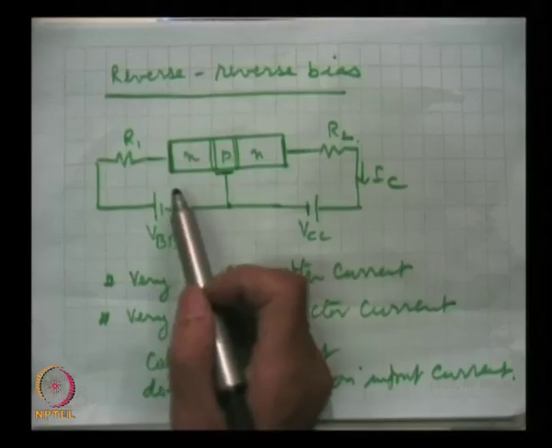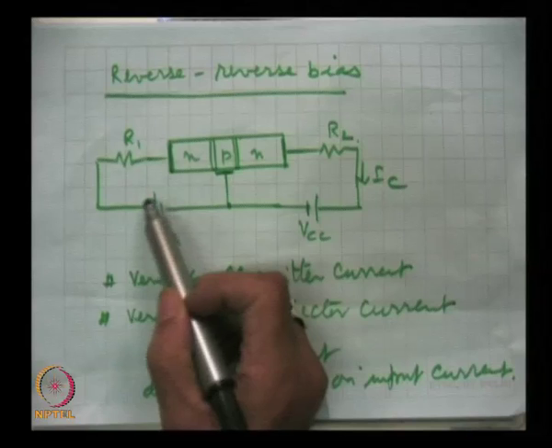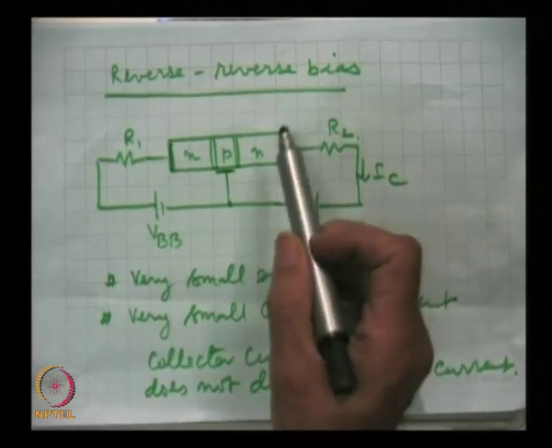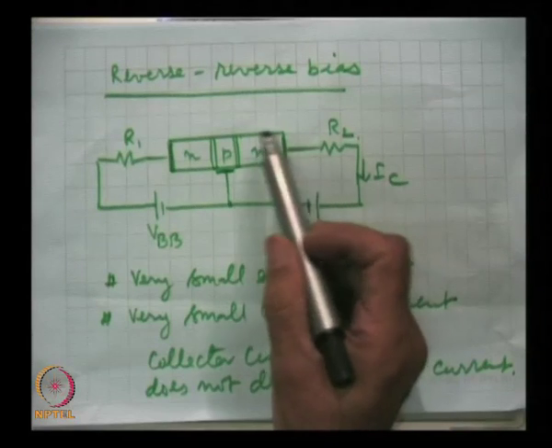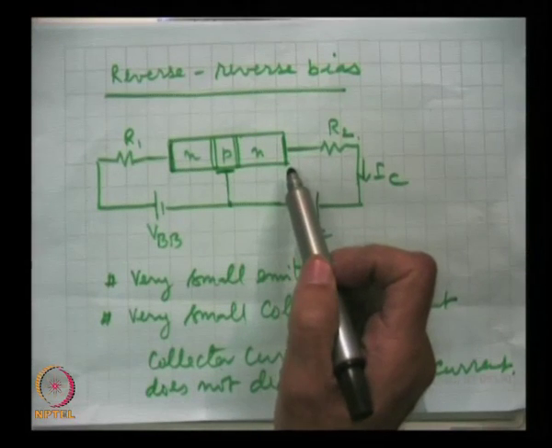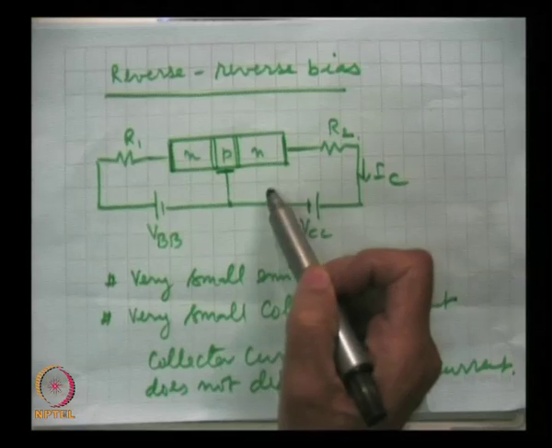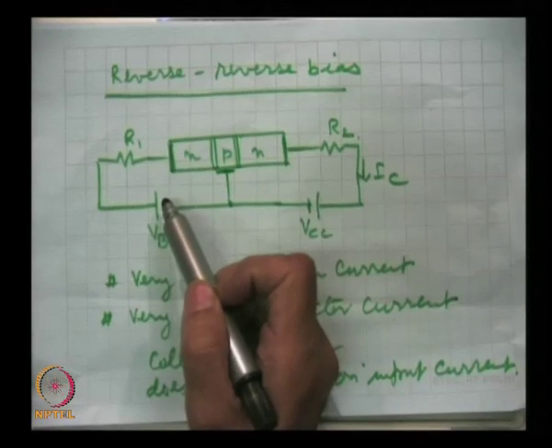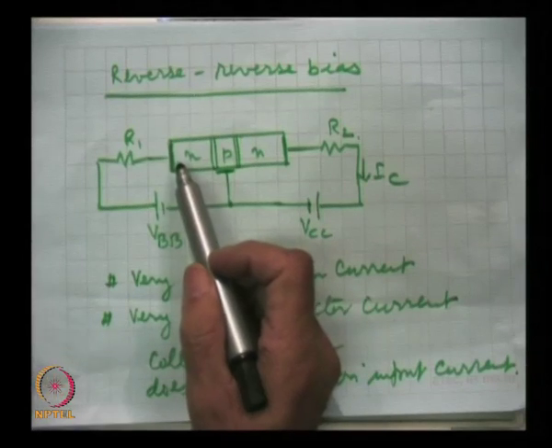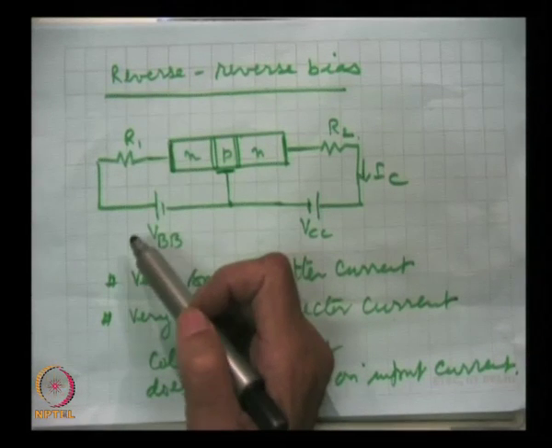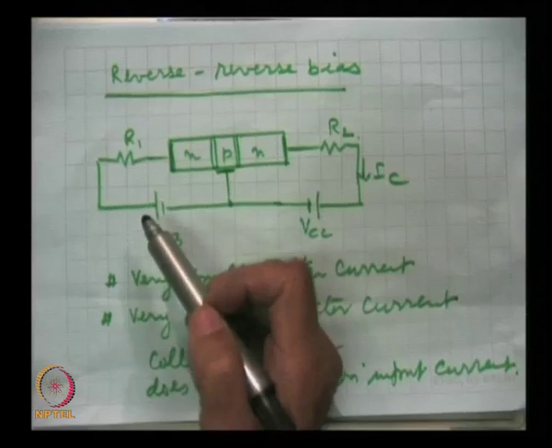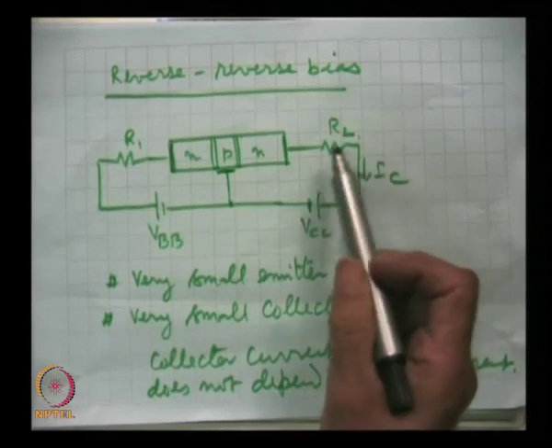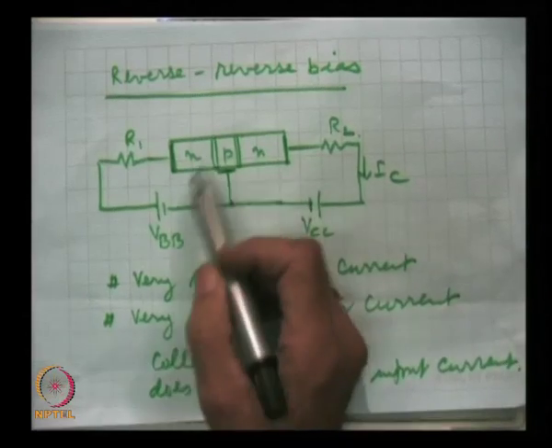If we switch off this current, making the emitter current 0, this will almost have no effect on the output current. This reverse biased junction will continue to have that small current. If we increase this reverse current by changing the temperature of the collector junction, which is normally not done, but for the sake of argument, this will not increase the emitter current because this has nothing to do with it.